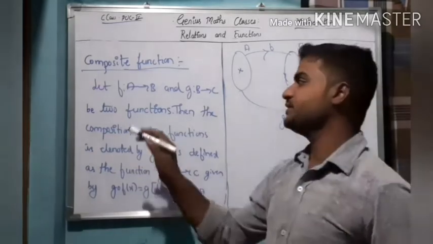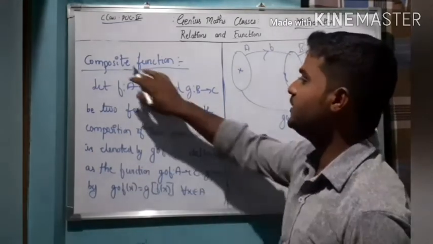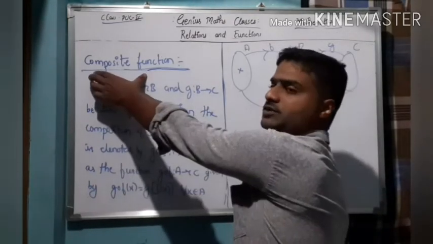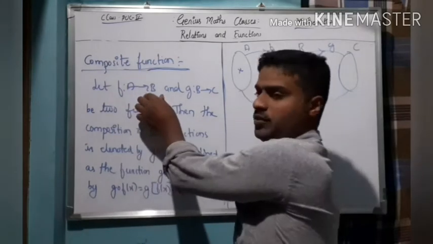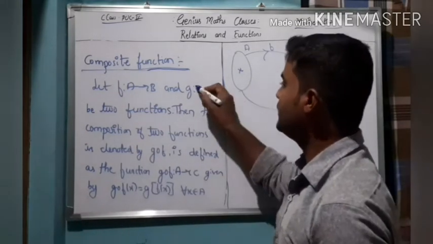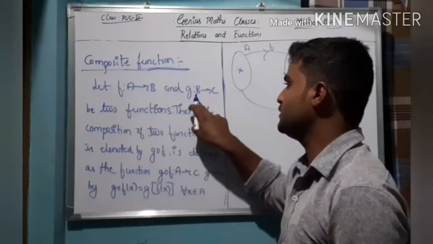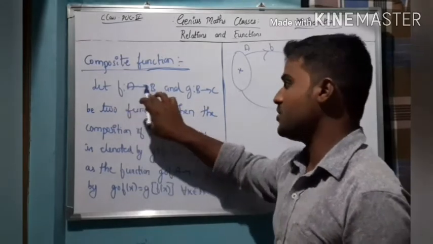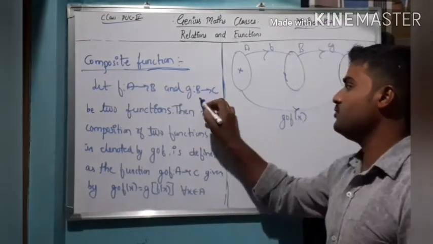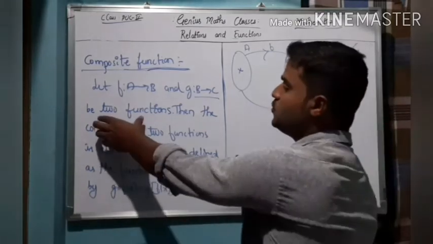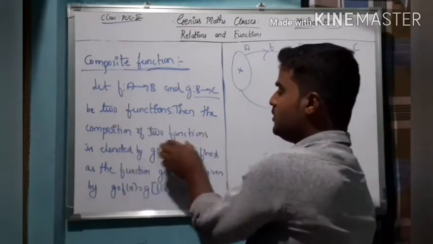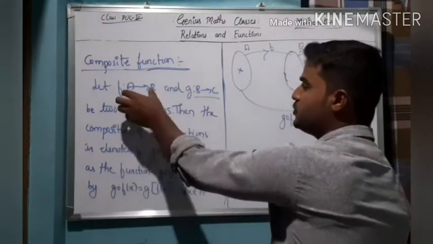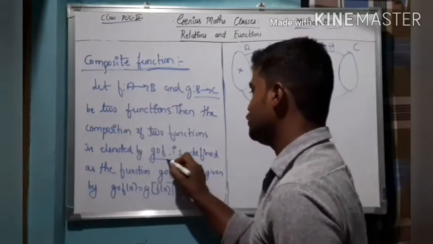Now using that concept, I will define the composite function. The definition: let f from A to B and g from B to C be two functions. F is mapping from A to B, and g is mapping from B to C. Then the composition of these two functions f and g is denoted by g naught f.